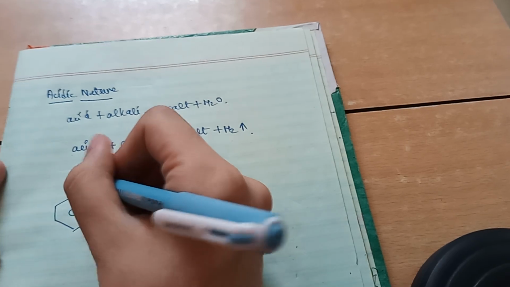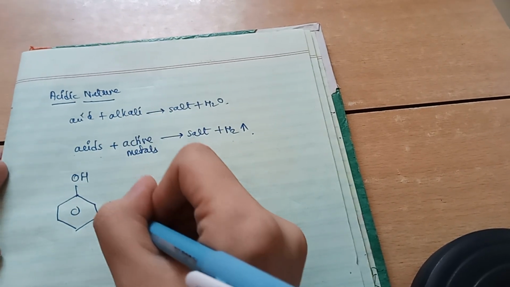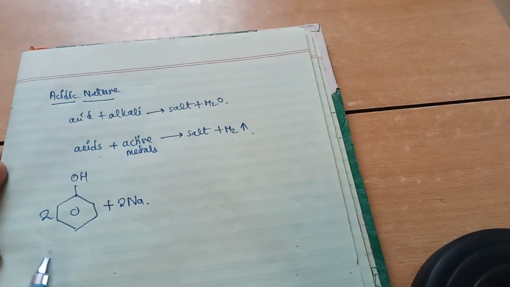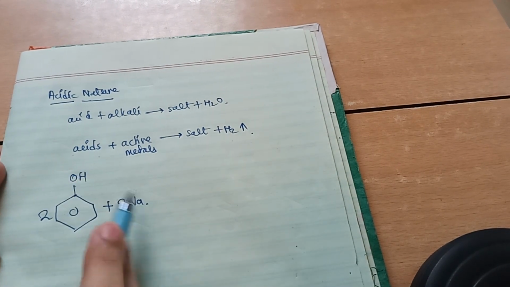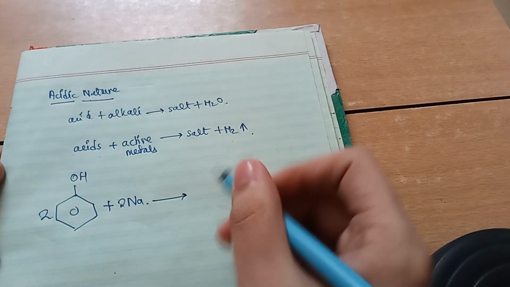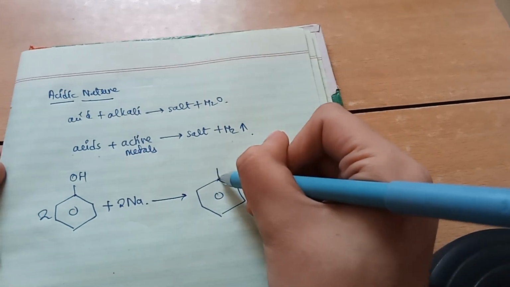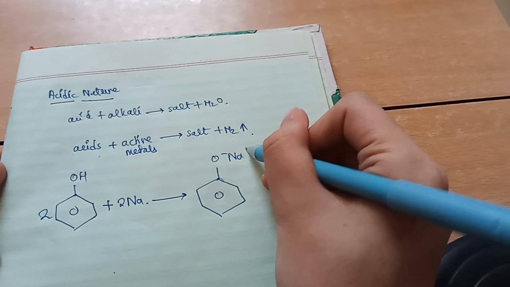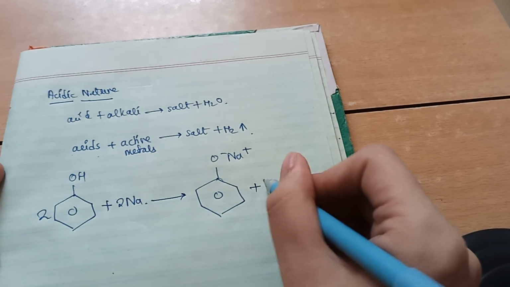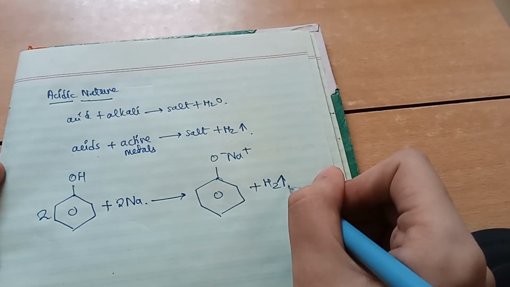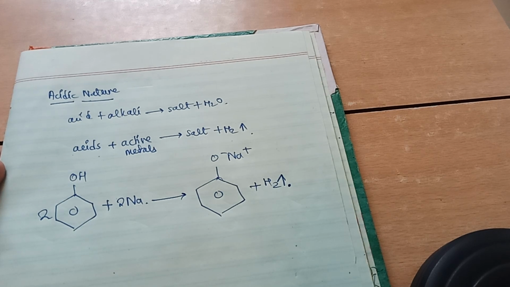So first, phenol. We have seen that phenol reacts with sodium. So 2 moles of phenol will react with 2 moles of sodium to form this compound and hydrogen gas.